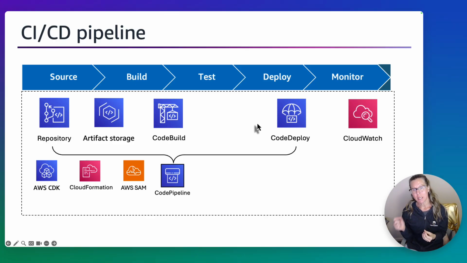Only code that successfully passes through all of these stages will be deployed. And you can optionally add other requirements to your pipeline, such as manual approvals, to help ensure that only approved changes are deployed into production.